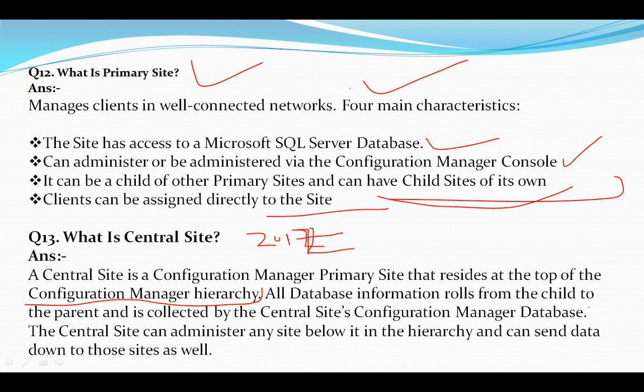So it will have all the details, whether of primary sites, child sites, or parent sites. The central site can be administered by any site below it in the hierarchy, and data can be sent down to those sites as well.